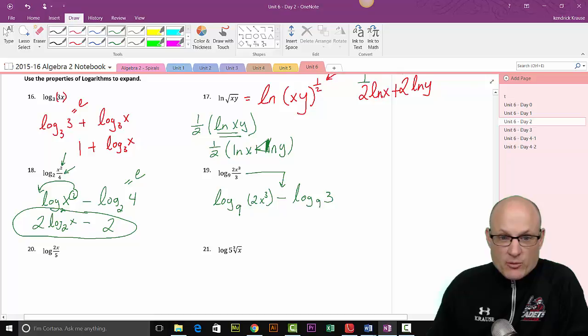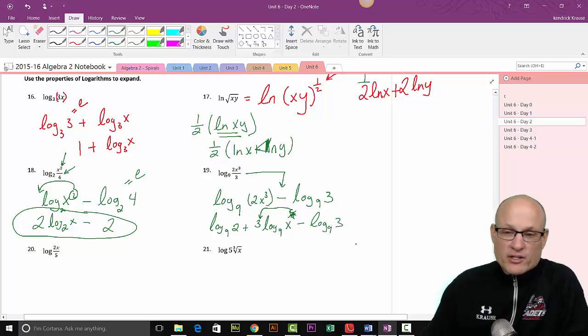Well, we got a lot of work to do on this one. This one has log base 9 of 2 plus log base 9 of x cubed, but that cube goes here. Minus log base 9 of 3. We're just going to leave it like that.